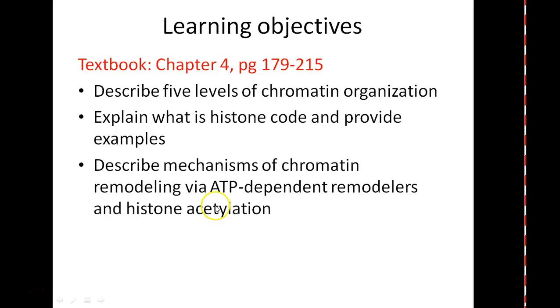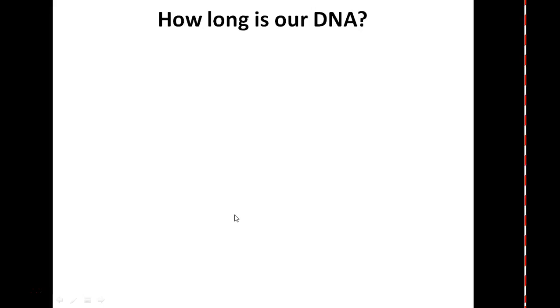And also we'll talk a lot about chromatin remodeling and different mechanisms for chromatin remodeling. We'll focus mainly on the ATP-dependent remodelers, using ATP energy, the ATP energy that mitochondria are producing, right? This is a very important mechanism for chromatin structure regulation. And also we'll talk about histone acetylation.